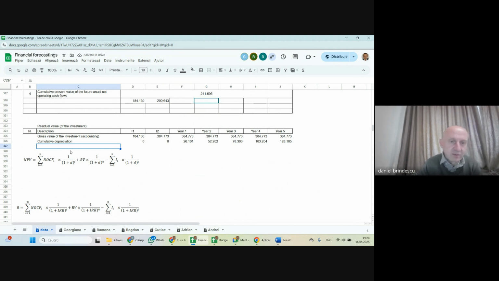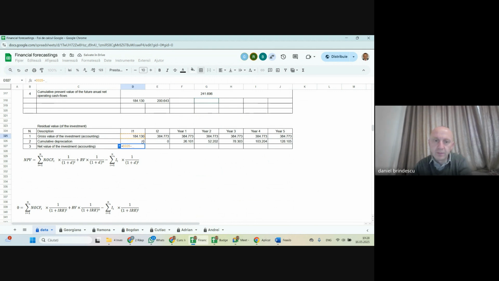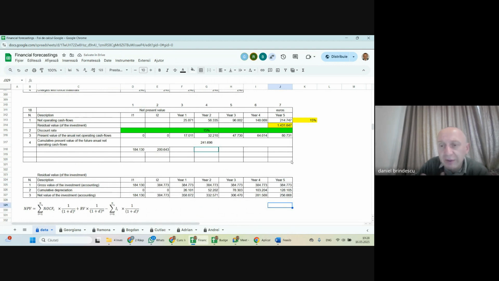So the net value of the investment or investment components would be the difference between the two. At the end of the fifth year, the net value from accounting, again, the net value of the investment components would be, in this case, as you can see, of 256,000.